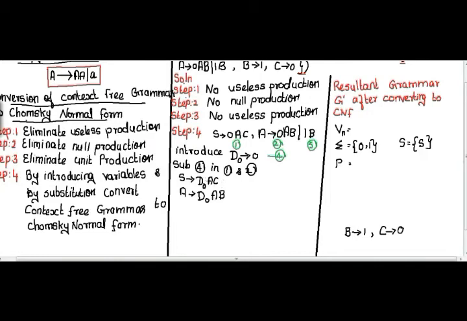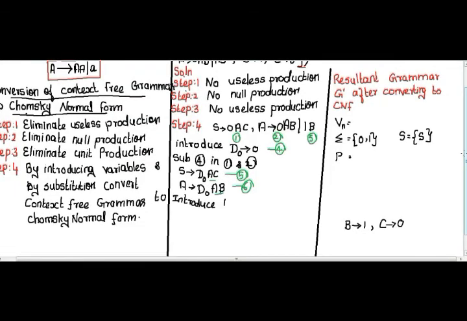I already introduced the new non-terminal D0 in both the fifth and sixth production. Instead of this AC, I'm going to introduce a new non-terminal, DA, and the production I'm going to write is DA tends to AC. Let the production number be 7.